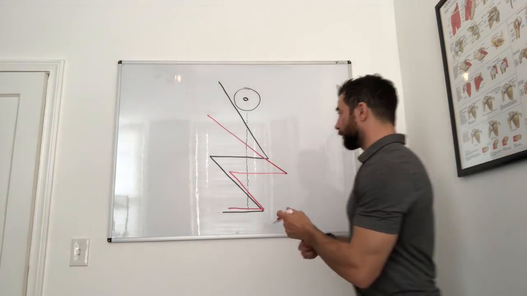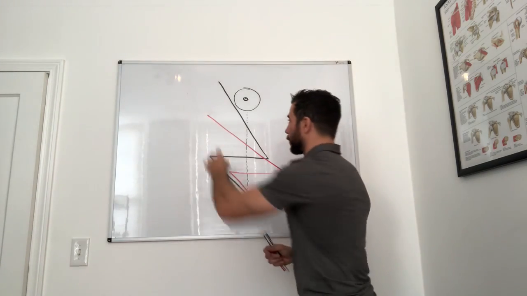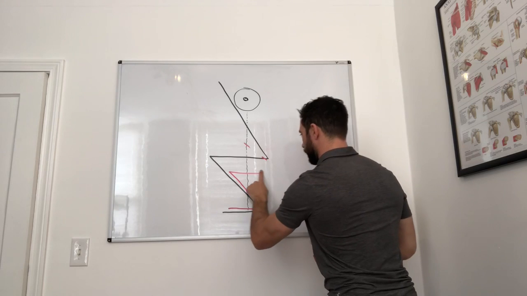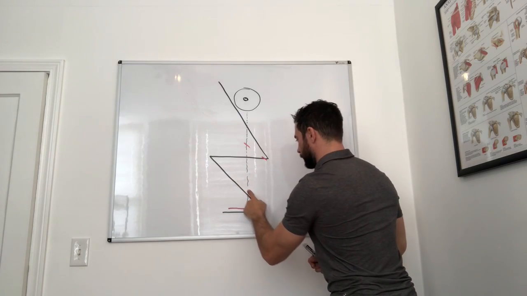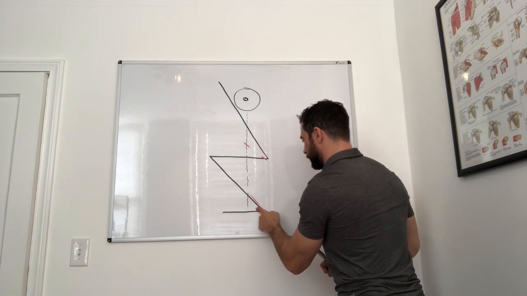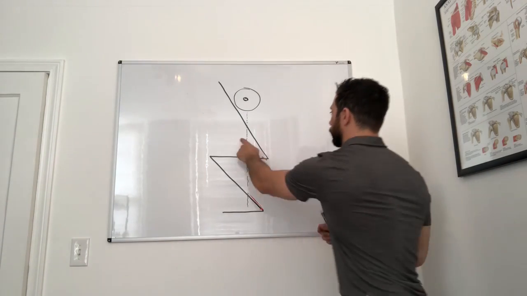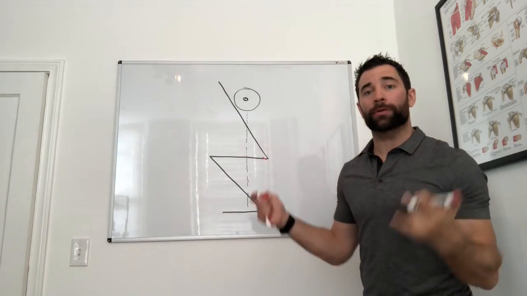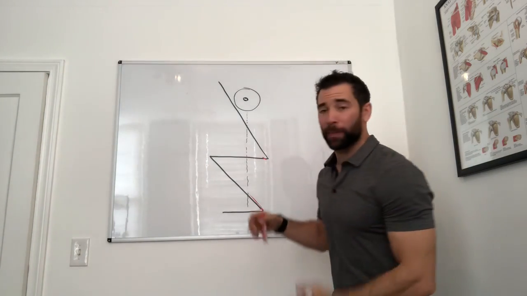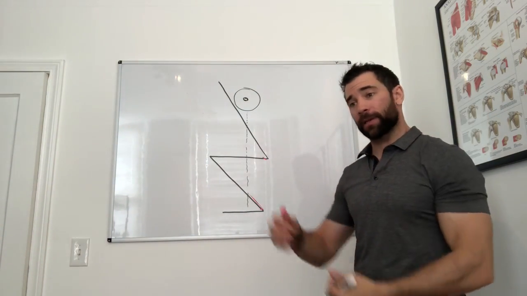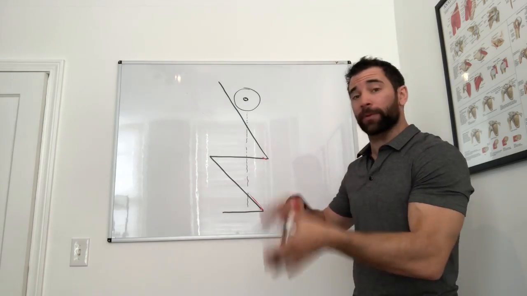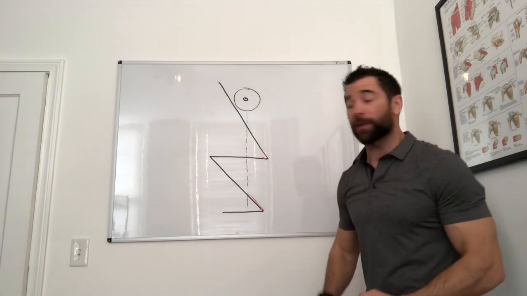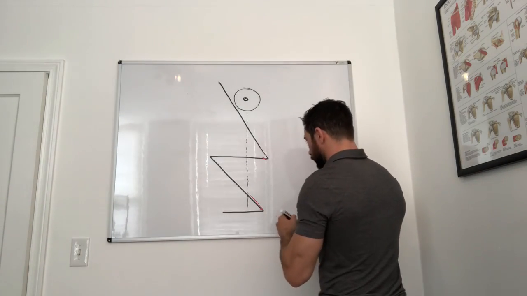Now, let's do the reverse here. I don't have another colored marker, so you're going to have to run with me here. Let's assume on this one, for the sake of it, that we have a short femur length in perspective to tibia length. So we're going to change the length of the femur now.